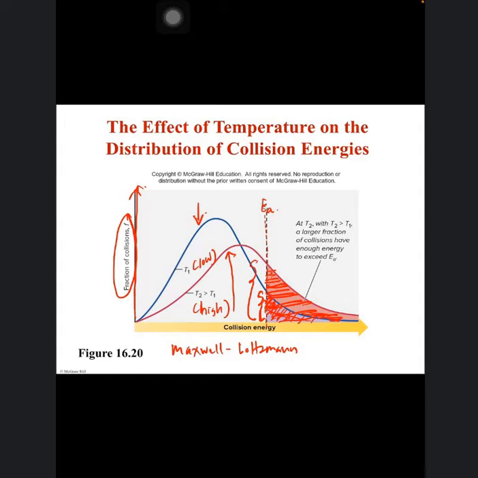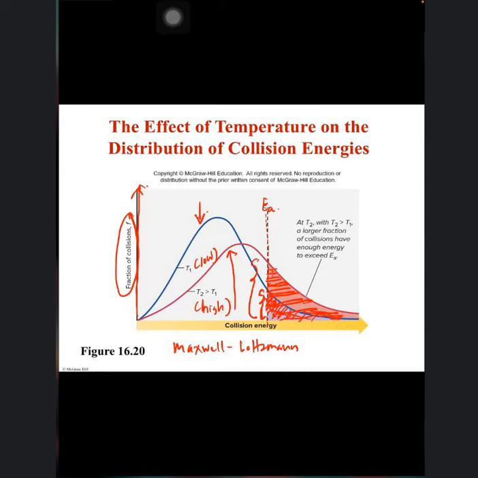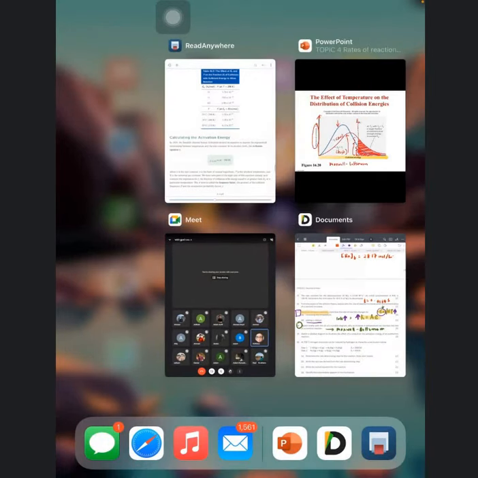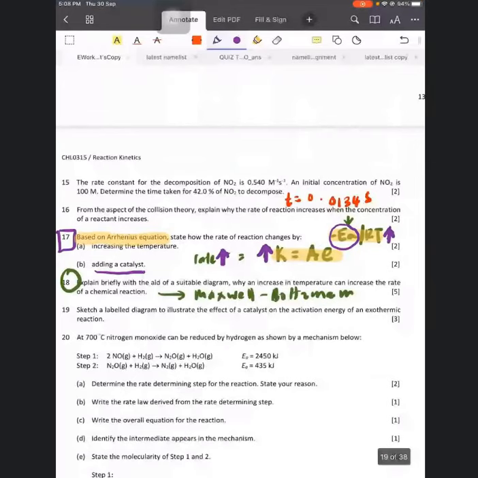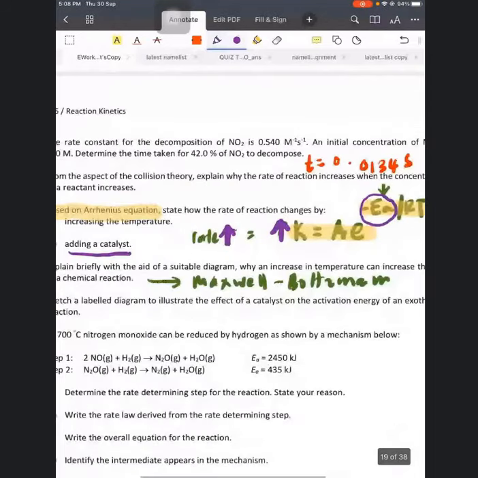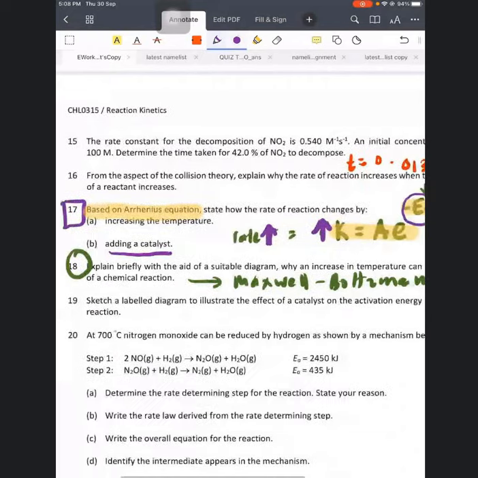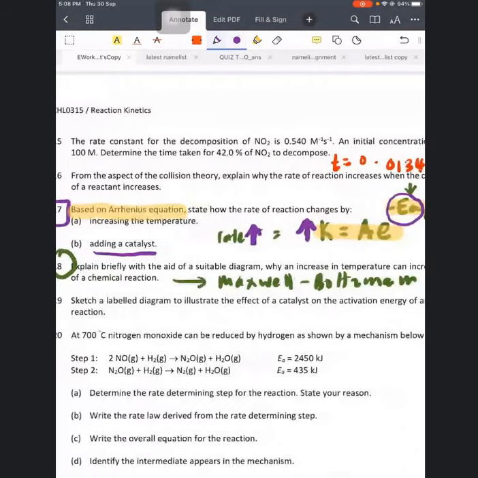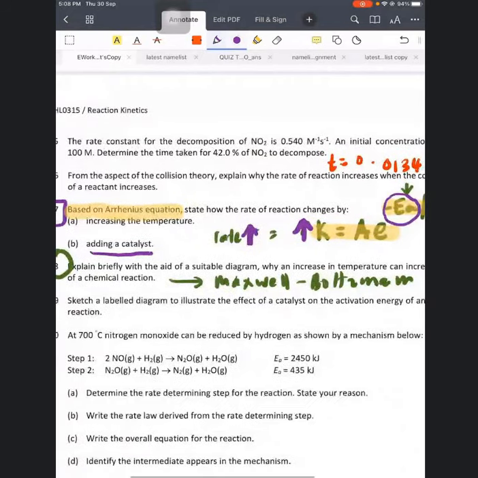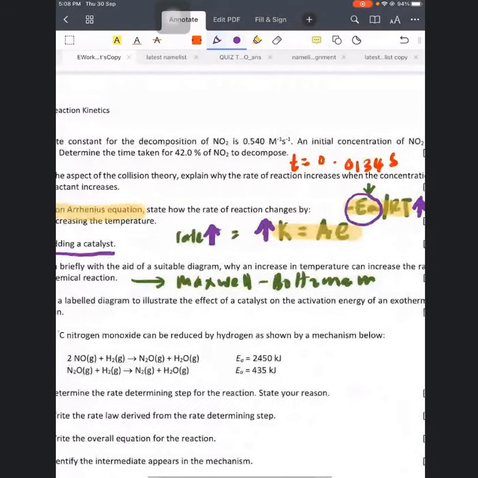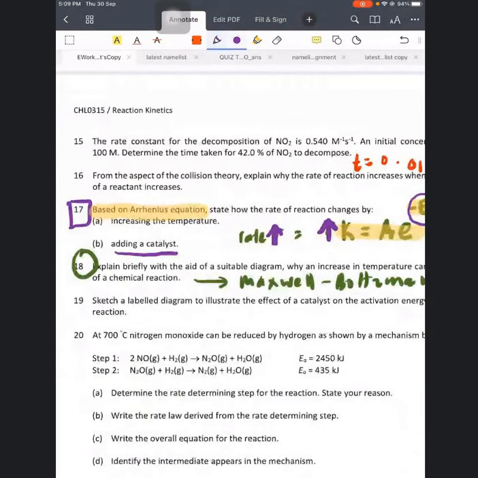Okay, can you understand? An example of a question that can be asked in the quiz is the same as question number 18. Question number 18 says explain briefly with the aid of suitable diagram why an increase in temperature can increase the rate of a chemical reaction.